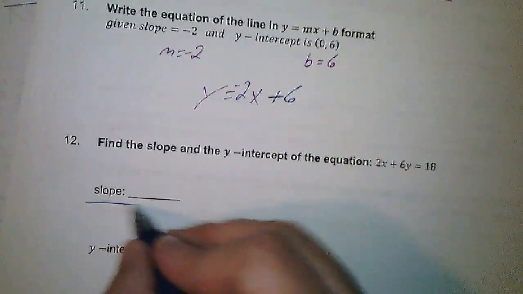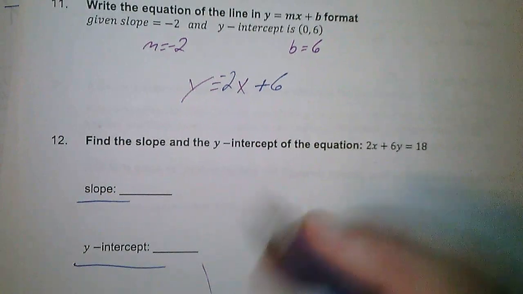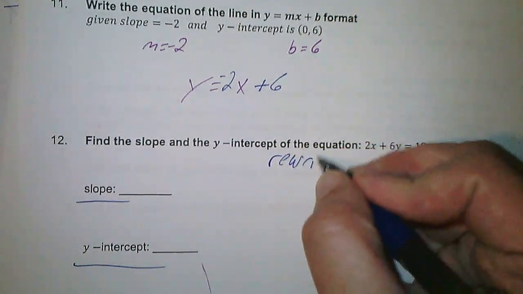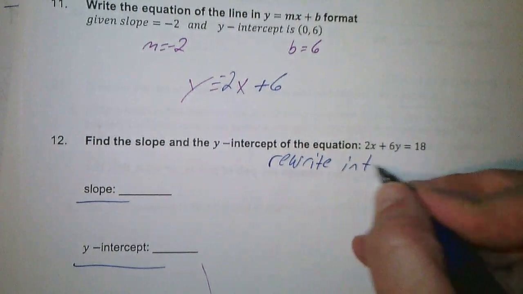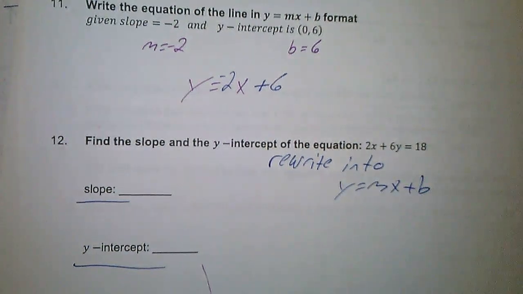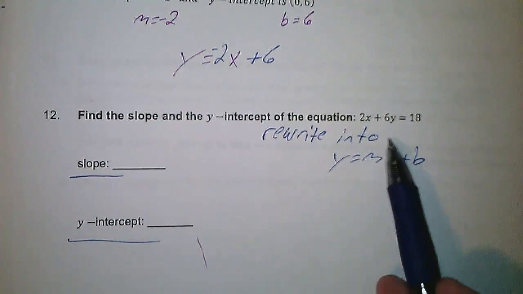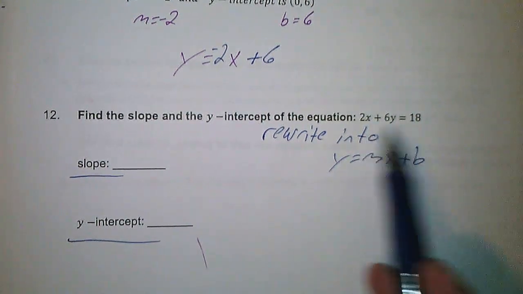If we're asked to find slope and y-intercept, then we need to rewrite into y equals mx plus b. Students will attack this problem the same way because it's in standard form.